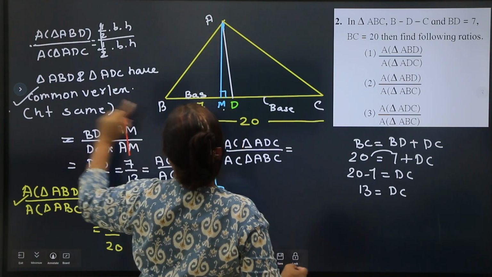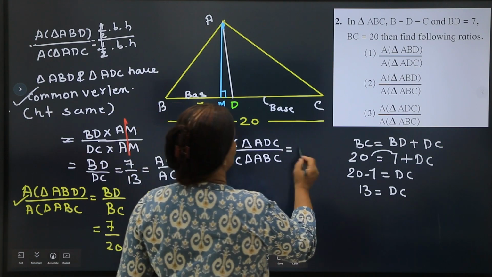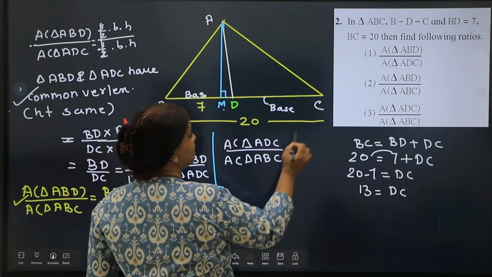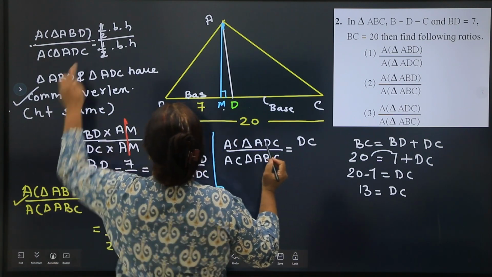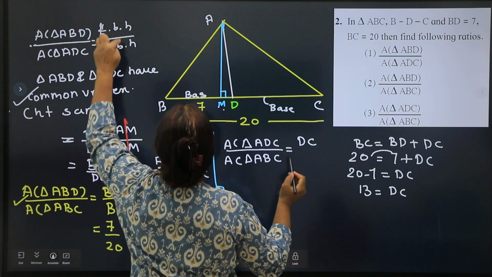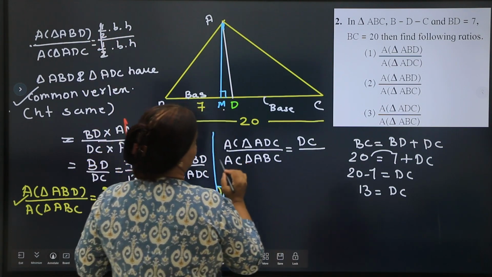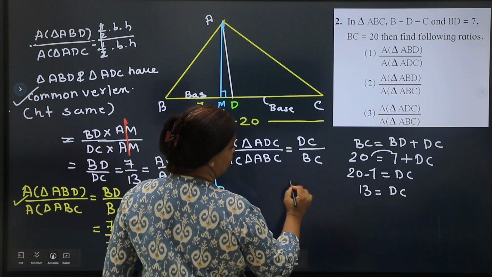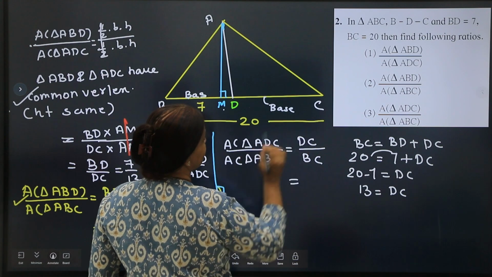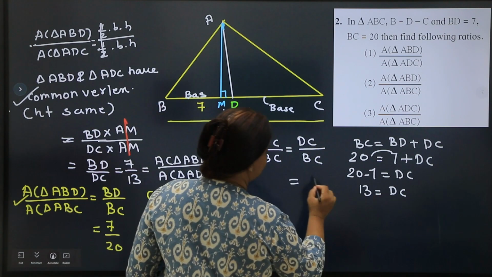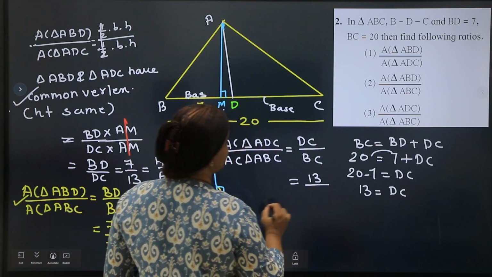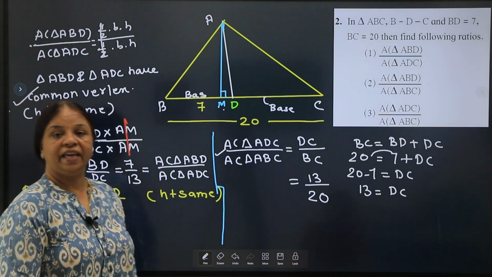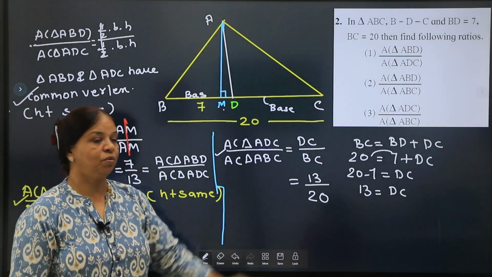ABC same height because they have a common vertex. So we can write down ADC base is DC, because half gets cancelled, height gets cancelled, only base upon base, upon ABC base is BC. And how much is DC? DC is 13 we have found and BC is 20. So we got area of triangle ADC upon area of triangle ABC as 13 upon 20.